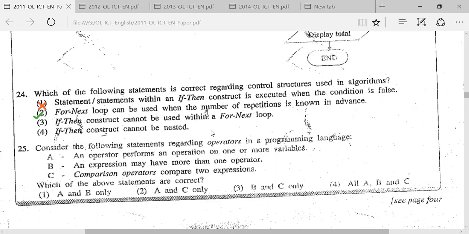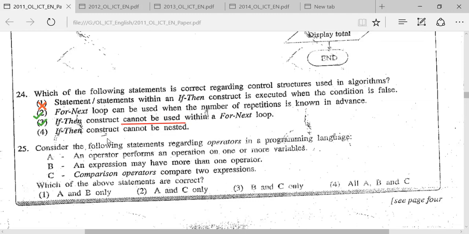So here, if-then construct cannot be used? That is false. It can be used. I gave you two questions, and you can look at your exercise book and find those examples: selection inside iteration, iteration inside selection. If-then construct cannot be nested?